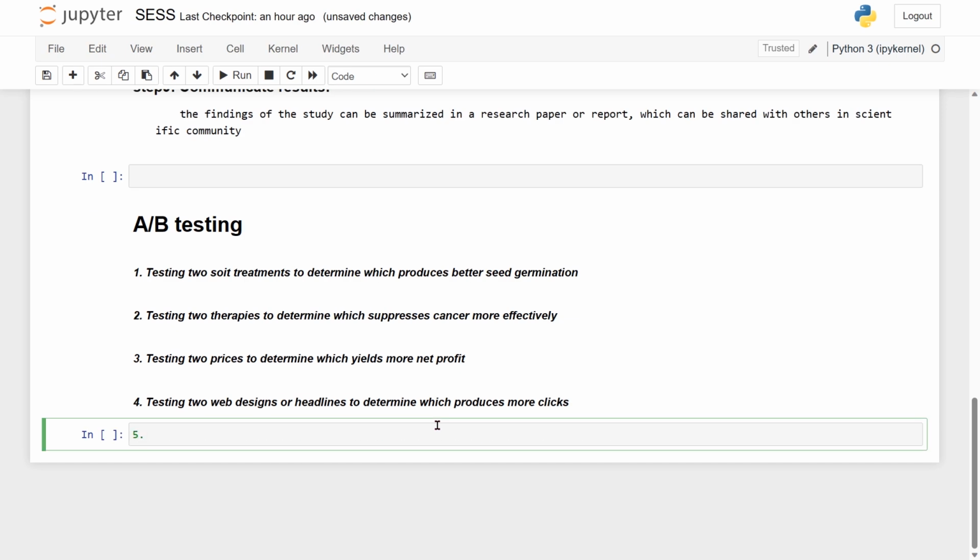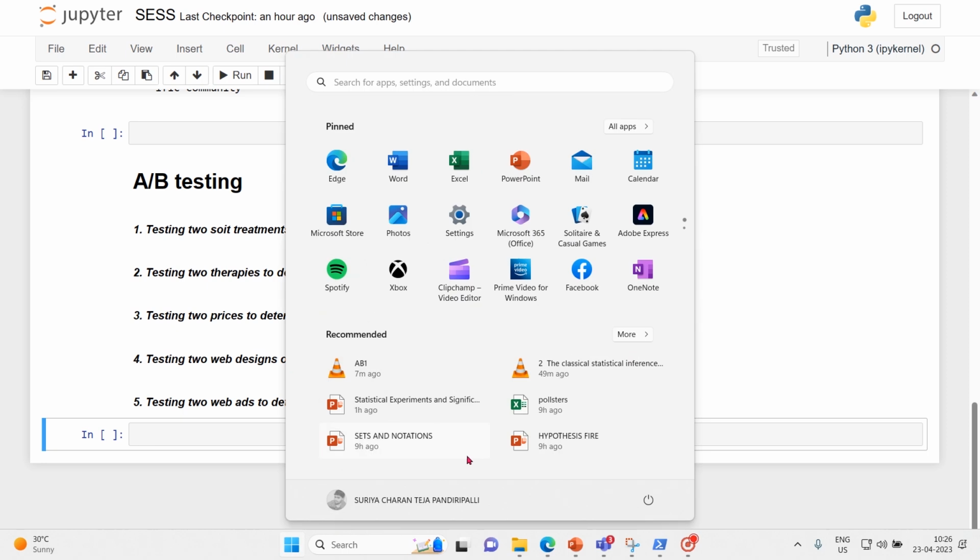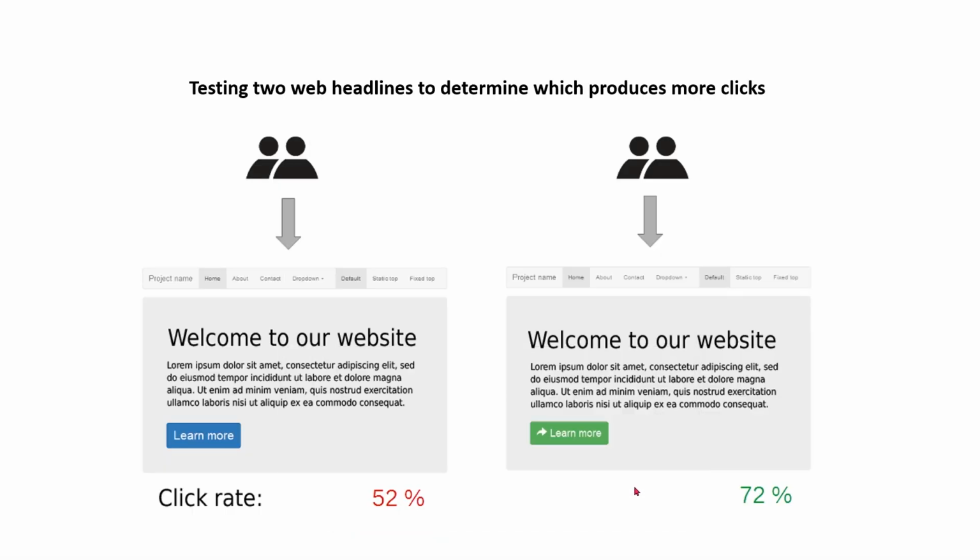Then one more example, testing two web ads to determine which generates more conversions. So these are some of the examples.